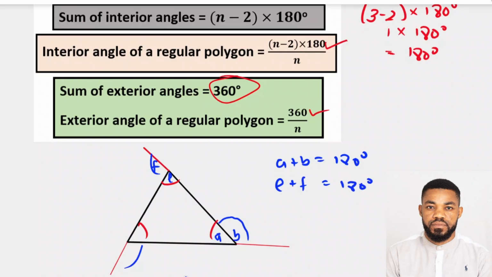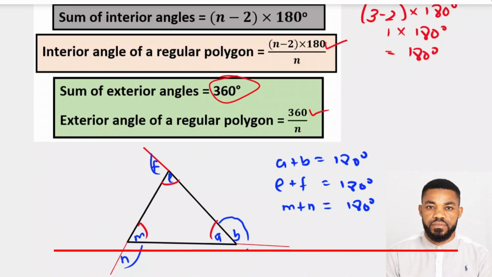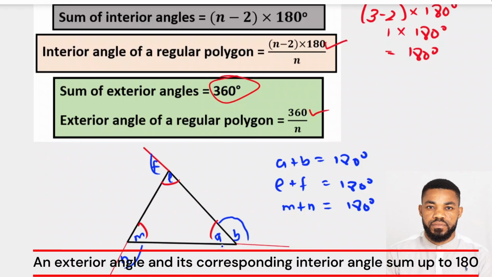The same thing applies to this one. Let's take here to be M and here to be N. Then equally, M plus N is equal to 180 degrees. So we can establish the fact that an exterior angle and its corresponding interior angle add up to 180 degrees because they form a straight line angle.